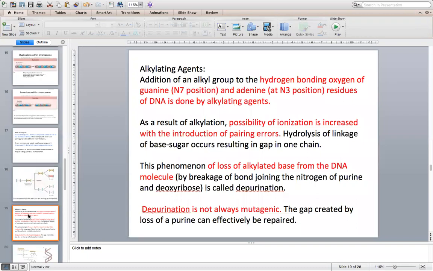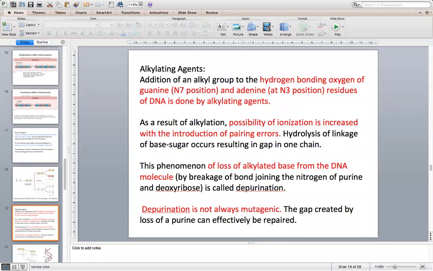If one is lost, sometimes we may get a correct base pair. However, if we are not getting a correct base pair, that may lead to mutation. This phenomenon is the loss of the alkylated bases of the DNA.